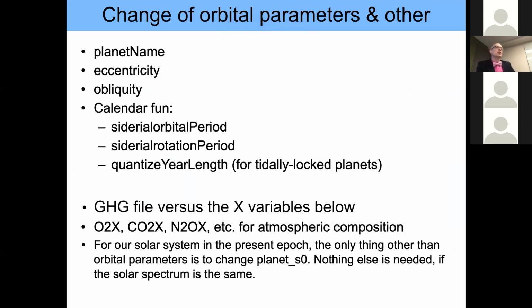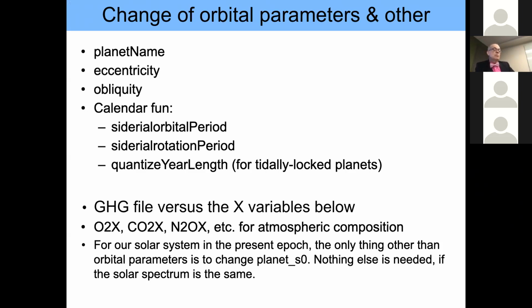You have to be very careful when you're using these multiplicative factors in the run deck as parameters and the GHG file. Different people have different philosophies about how they like to do this, and I'm not going to go into those philosophies because it could take a long time to sort out.